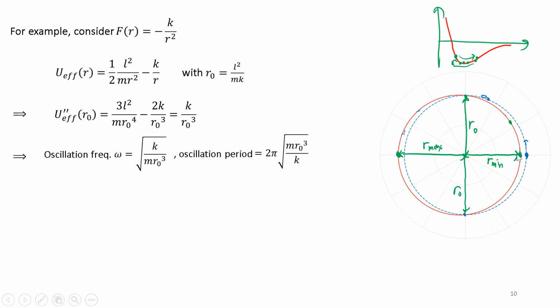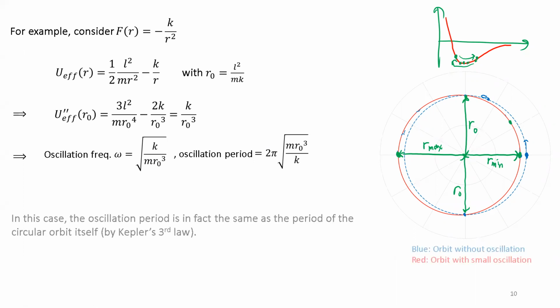So it so happens that the oscillation period is actually the same as the orbital period. From here, you can find the oscillation period is this one. And if you go back to use what we have learned in part 1 of this chapter, Kepler's law, you will also find exactly that the orbital period is also this.